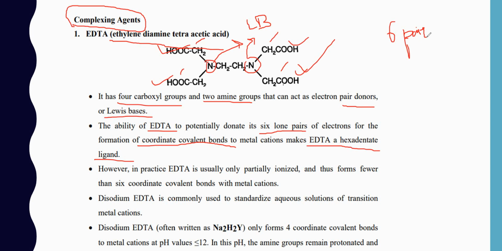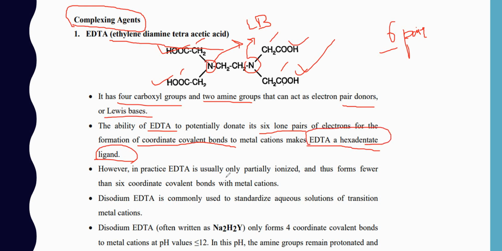When it donates the electrons, it forms a complex with formation of coordinate covalent bonds with metal ions, and thus EDTA is known as a hexadentate ligand. Hexa, why? Because it donates 6 pairs of electrons, so it forms 6 new coordinate covalent bonds. This is very important.